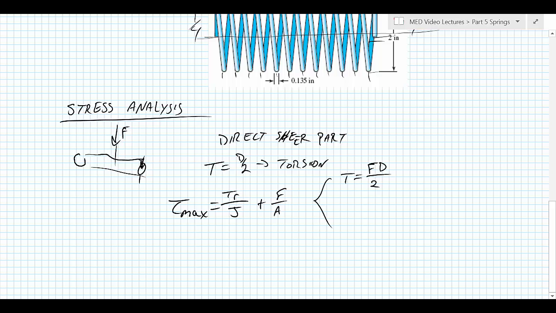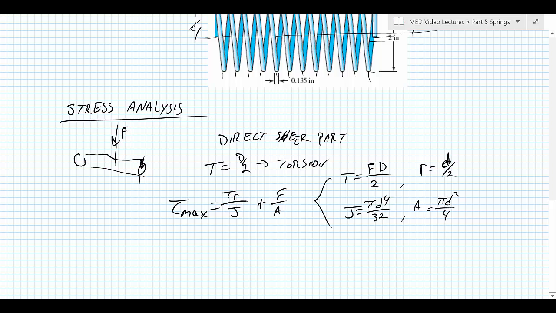That's why we use the mean coil diameter, by the way. The radius in Tr over J is going to be the wire diameter over 2, the radius of the wire. J, of course, for a round wire is pi d^4 over 32. And the area of a circle is pi d squared over 4.